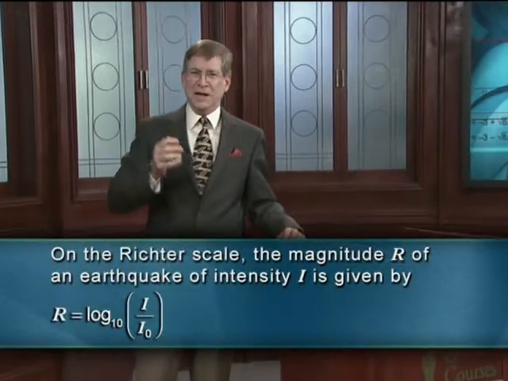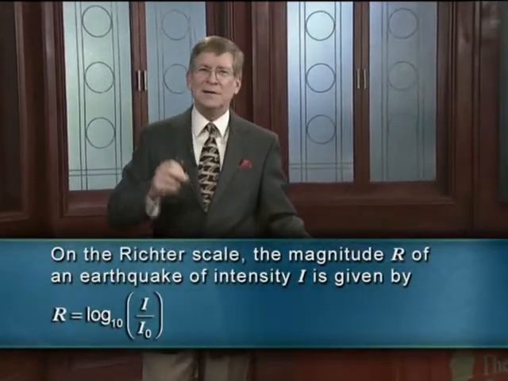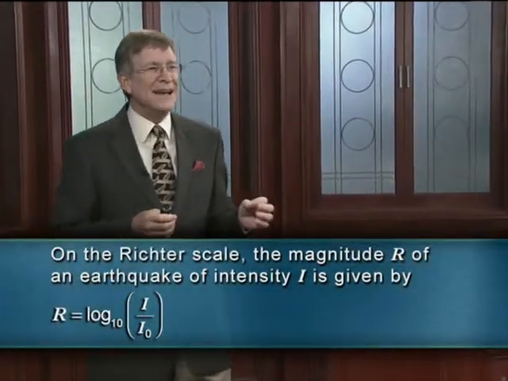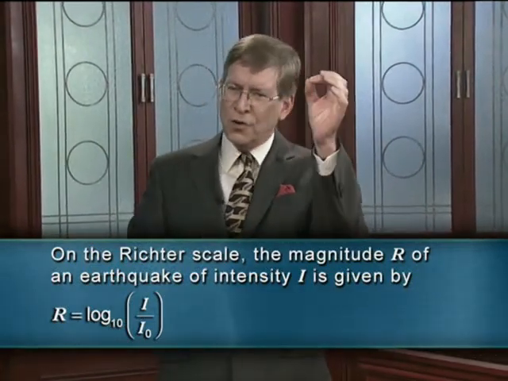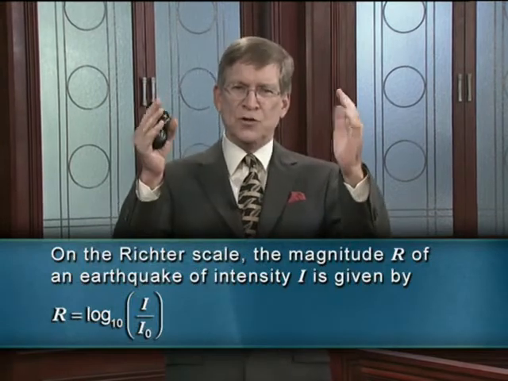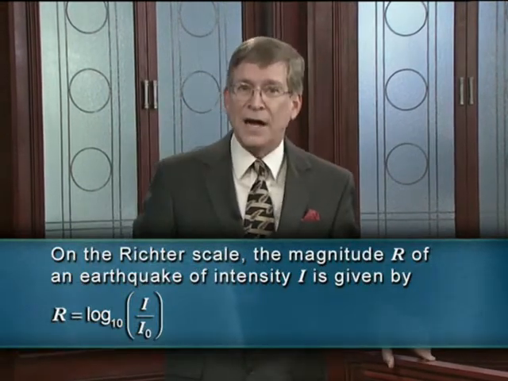Here's another area of science where logarithms come into play. If you're a geology major, or if you are curious about earthquakes, you remember that there's a Richter scale, and the magnitude R of an earthquake of intensity I is given by the following formula. R equals logarithm base 10 of a quotient I over I sub 0.